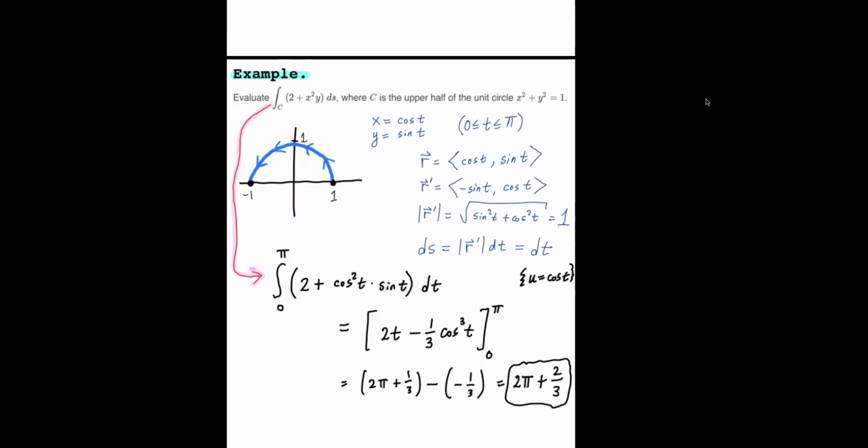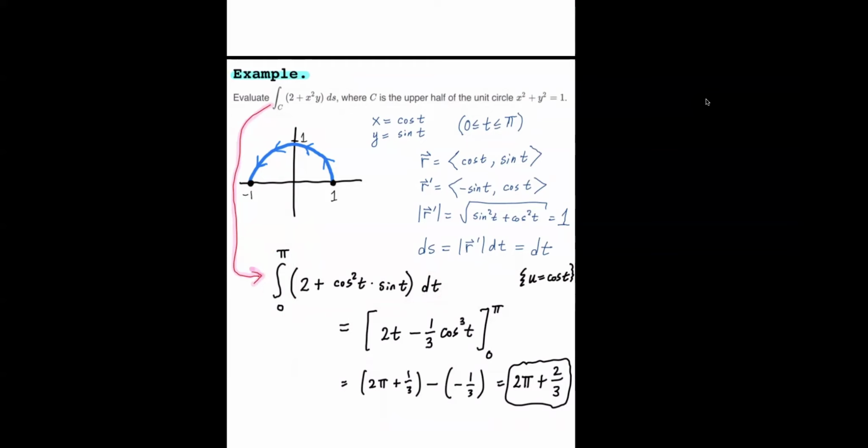Substituting all of this into our abstract integral, we can replace x and y by cosine and sine respectively. The limits of integration are 0 to pi, corresponding to our range of t. And then ds has become dt. Now this integral you can just evaluate by hand. We get this answer.